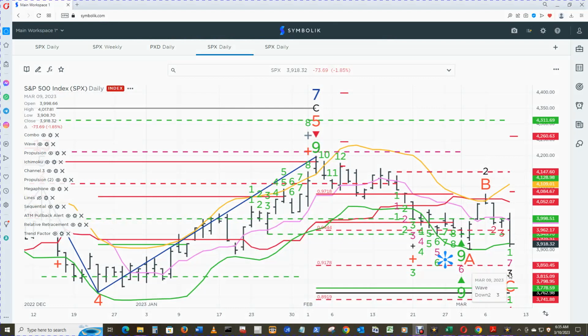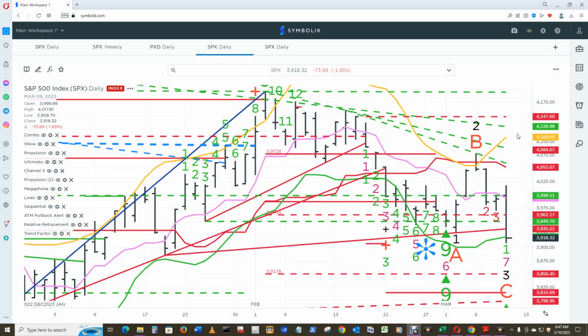The D wave down wave 3 and D wave up wave C did print. So to get the D wave up wave 1 to print, there must be a tick higher than this high on the 6th.